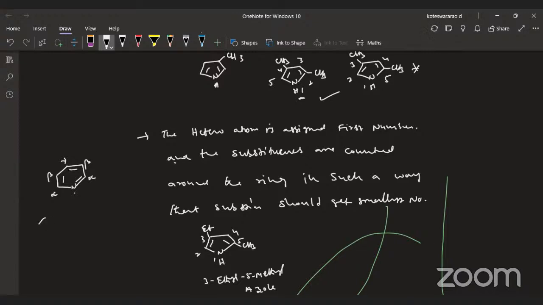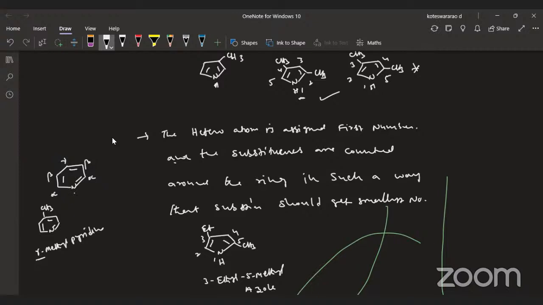Suppose in the same pyridine, the methyl group is there; now it is called methylpyridine. This type of labeling or symbols can also be used for the nomenclature.